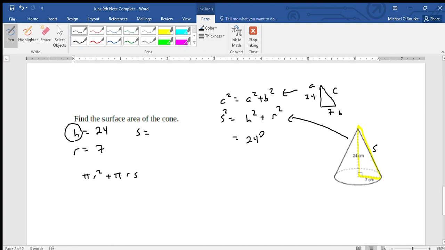24 squared plus 7 squared equals 625. That's c squared, that's s squared, so we need to take the square root of both sides.